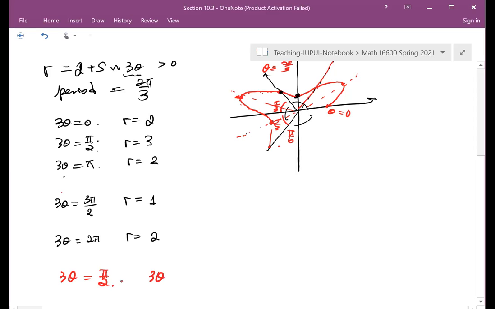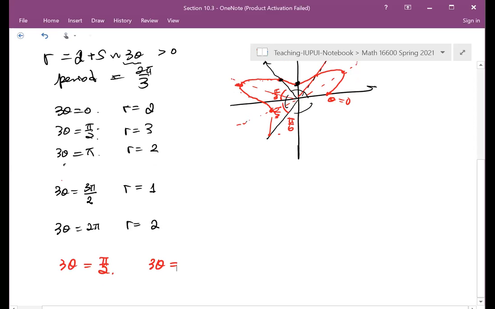And sine 3 theta is going to be 1 again at 5 pi over 2, right? And also when 3 theta equals 4 pi, it's 9 pi over 2.